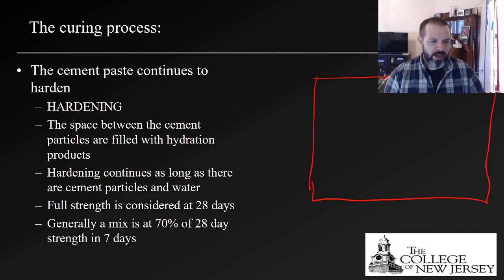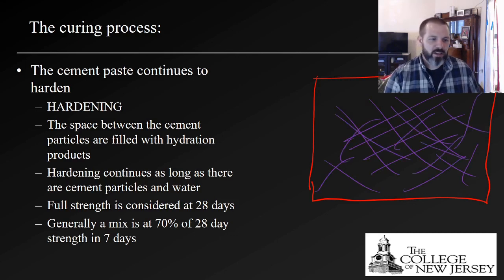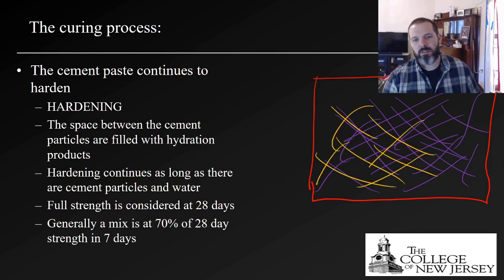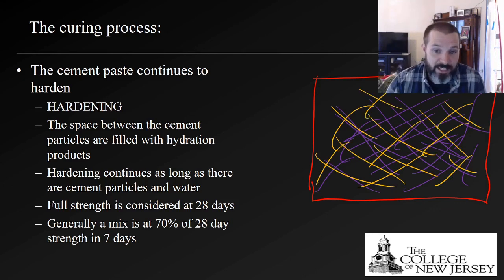So if we ever get to the phase where we have no Portland cement left, all we're going to have is hydrates, and this will be the strongest structure we can possibly have, because we've gotten rid of all the Portland cement and all we have is hydrates or structure. And this structure will be holding together all the aggregates and sand.